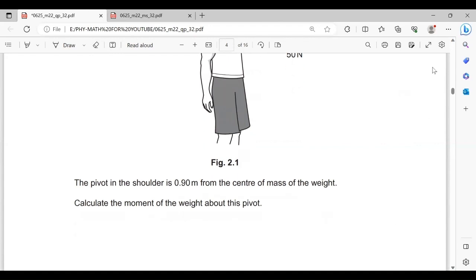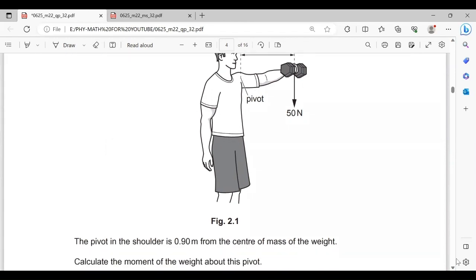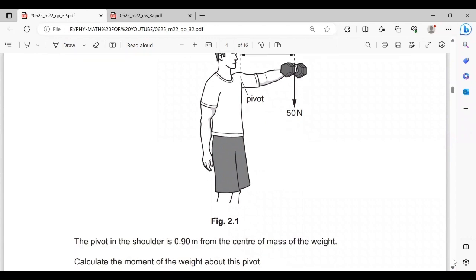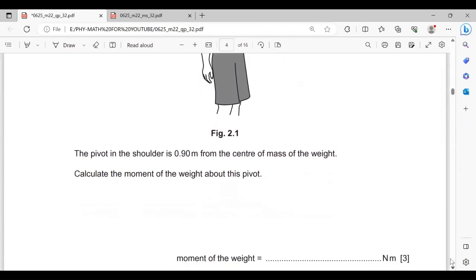The distance between the shoulder and the center of mass is 0.9, while the weight is 50 newtons.